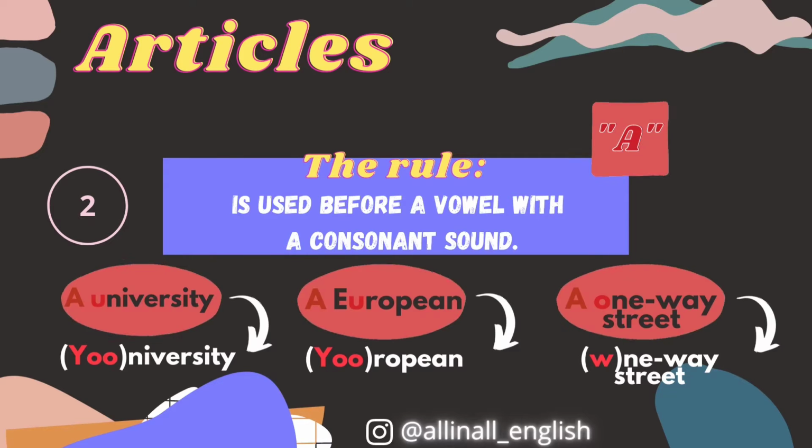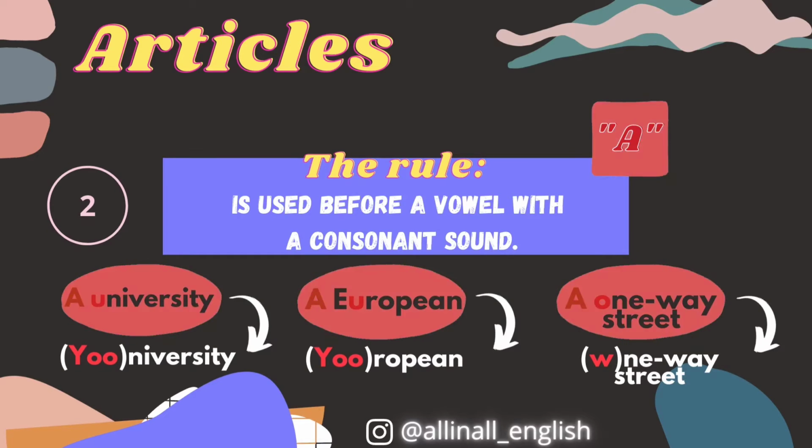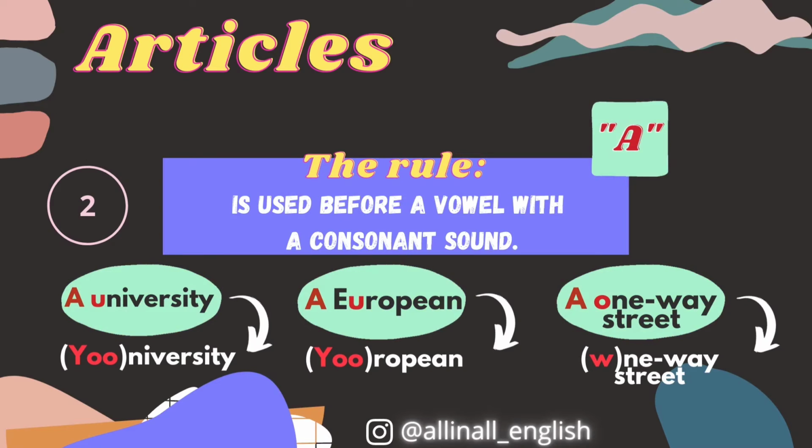So the O here is a vowel but has a consonant sound. So the article a can be used with a vowel that has a consonant sound. It's very easy, and you can always check the sound of those vowels by pronouncing them before using the article a.